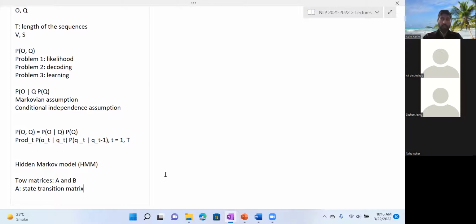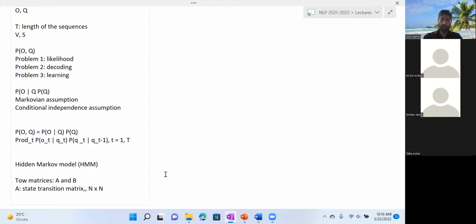Let me define the size first. The size of this matrix is, of course, N times N, where N is the number of possible states.